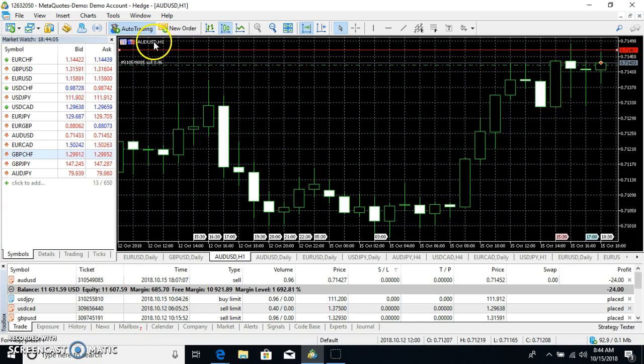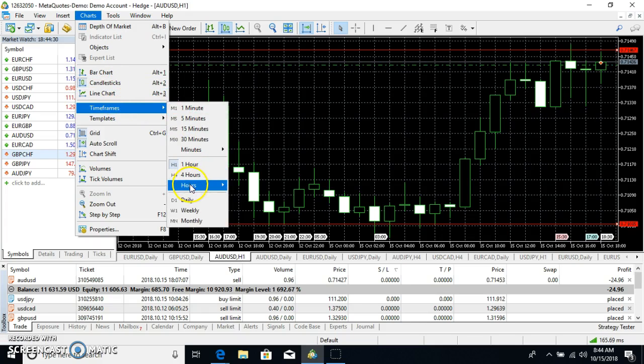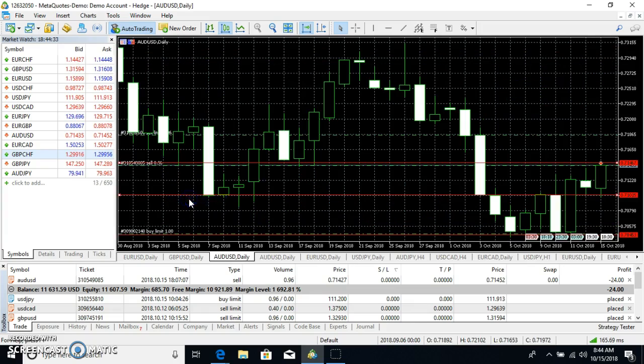Of course, if we do our reading, we'll see where our resistance is and where our support is. Now, if we look on the day chart, you see this level right here.